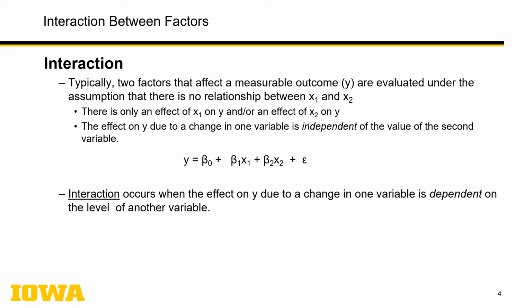Again, it occurs when the effect on y due to a change in one variable is dependent on the level of another variable. Mathematically, that involves the inclusion of an additional term here where, in this case, this beta 3 slope is significant, that it is not equal to 0. So that's kind of the null hypothesis here of all those betas.